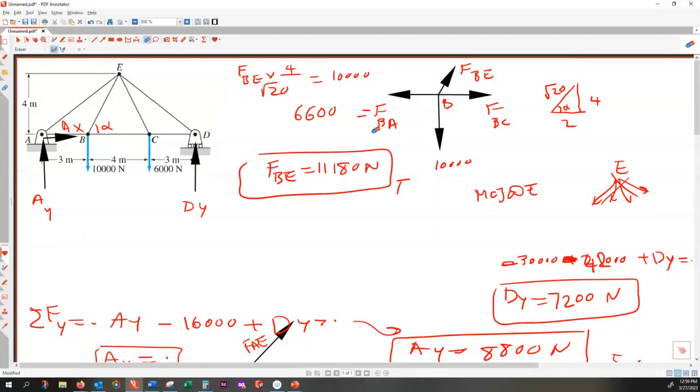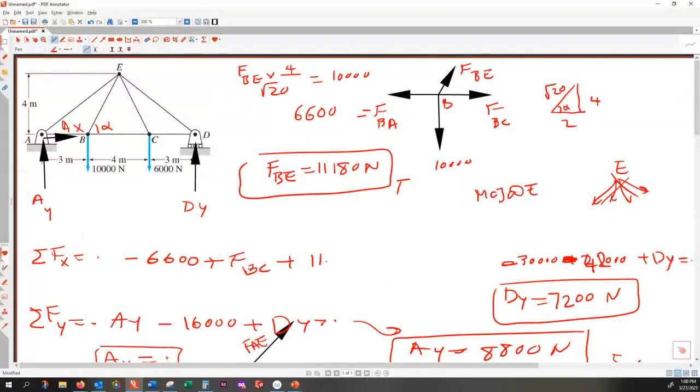That is minus FBA, net forces horizontally equal to 0. That is minus 6,600 plus FBC plus FBE times cos alpha.